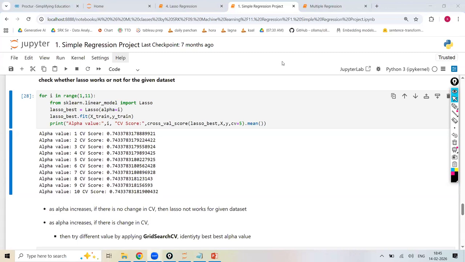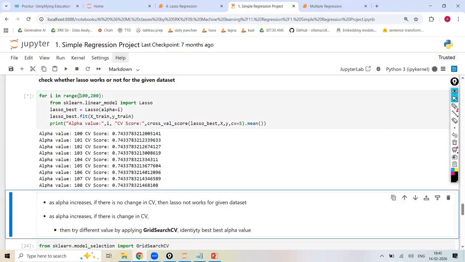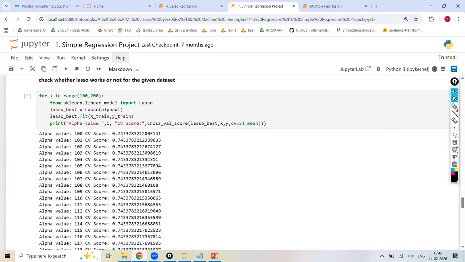If I apply also, there is no use. Literally, there will be no use. Even for 100 also, it will give the same answer. For example, if I apply for 100 to 200 also, you'll get the 74.333 only. Whatever the number you give, the answer is going to be fixed. Point is clear? So there'll be no use.